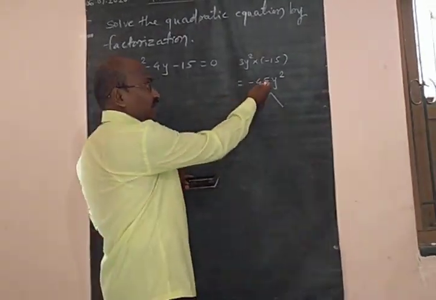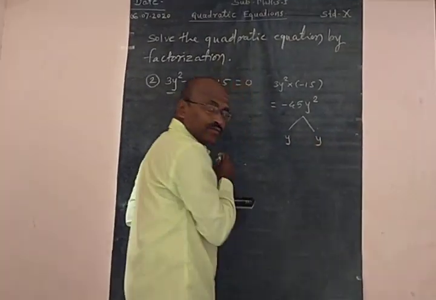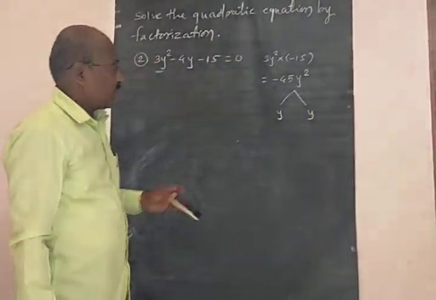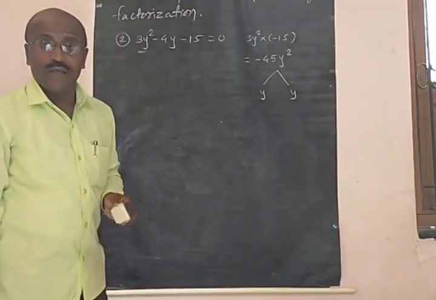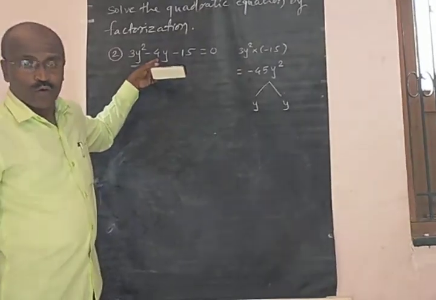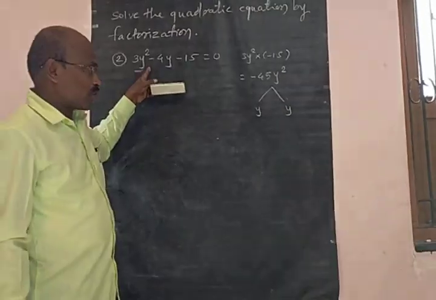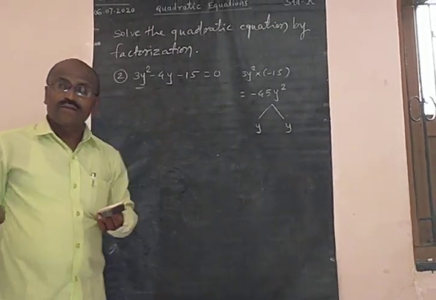Now here find the factors of first y square as y into y. Then again find the factors of 45 whose subtraction will be how much? 4, as much as the middle term 4. So what we will get?